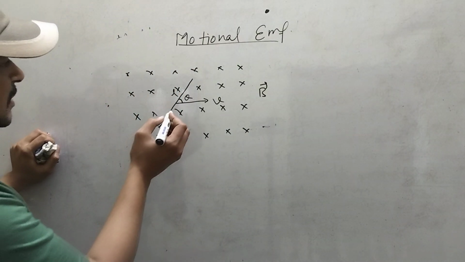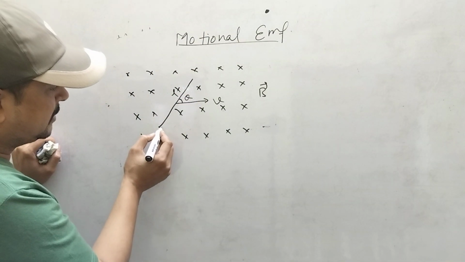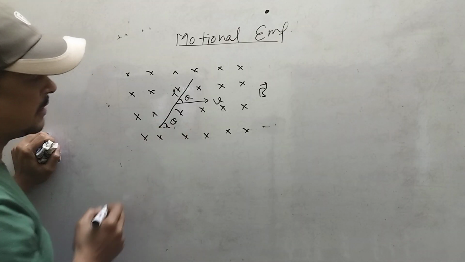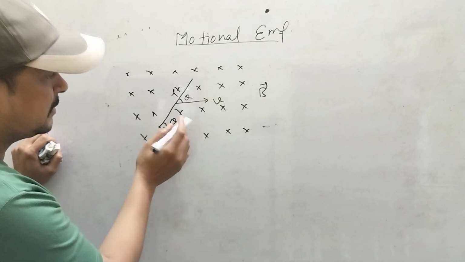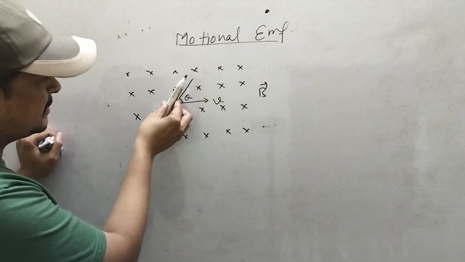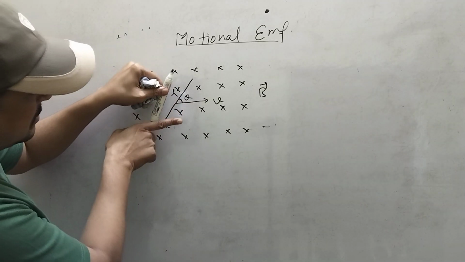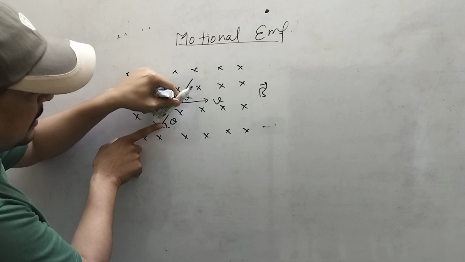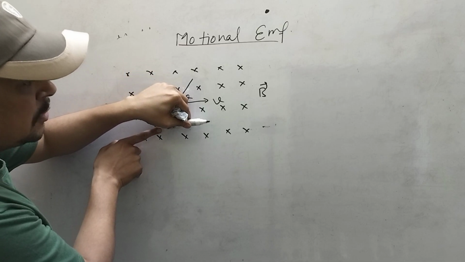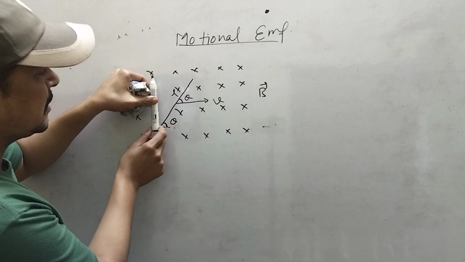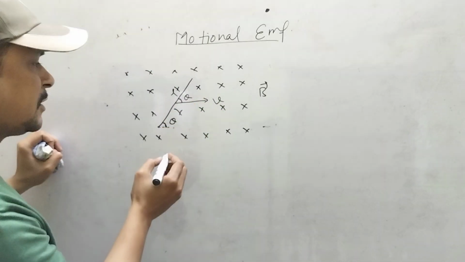So look here, if this is theta, we can take this theta again, because these are parallel lines and this is the corresponding angle. This length makes the angle theta with the velocity vector. So it has two components: L cos theta, which is parallel to V, and L sin theta, which is perpendicular to V.